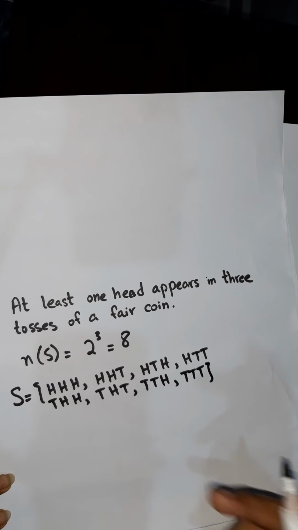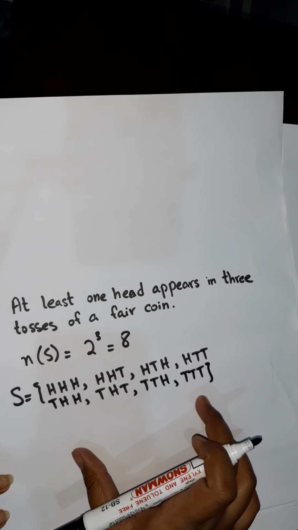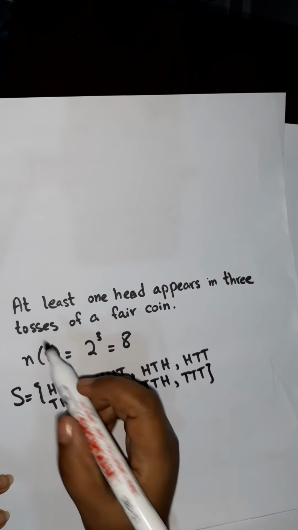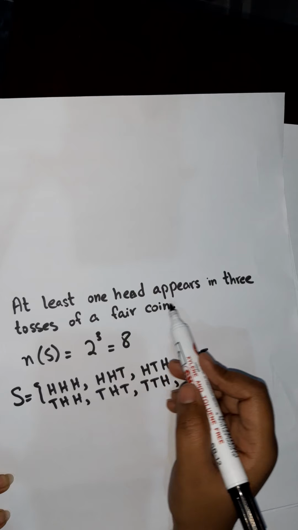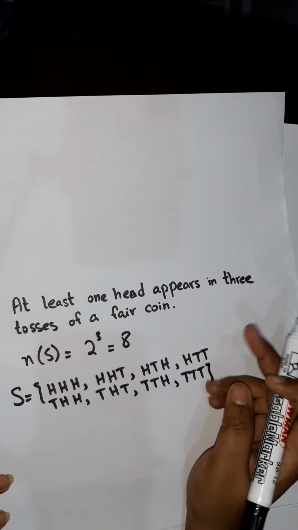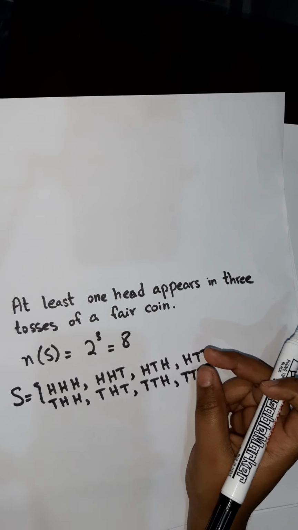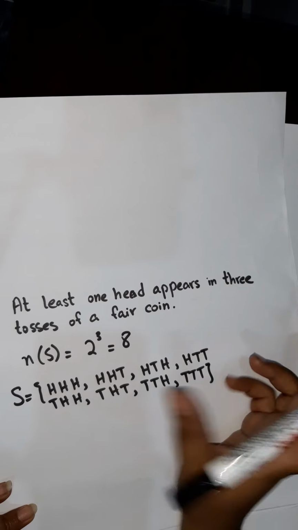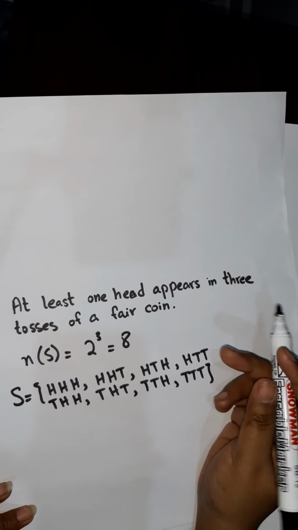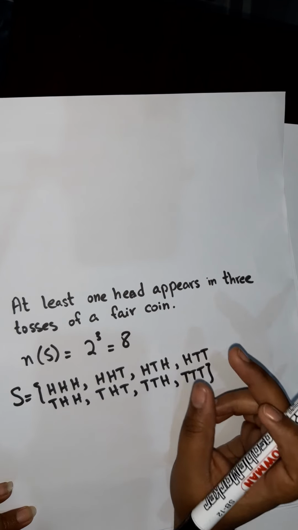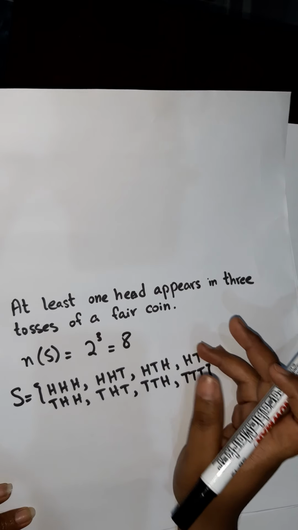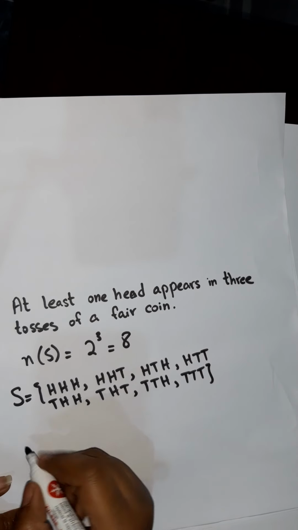So these are the 8 possible outcomes of this sample space. Now at least one head appears. At least one head means one head or more heads can appear, but there should be at least one head.